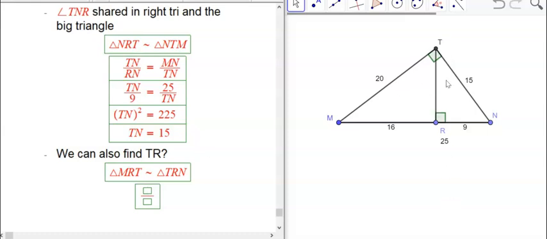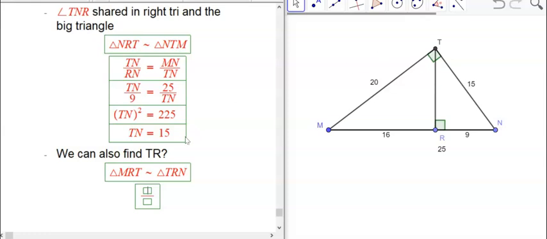We want something about TR, and we hope that we get something where TR shows up twice. Well, TR over MR, that is the leg opposite M in the left-hand triangle over the leg adjacent to M. Well, what does that correspond to over here?